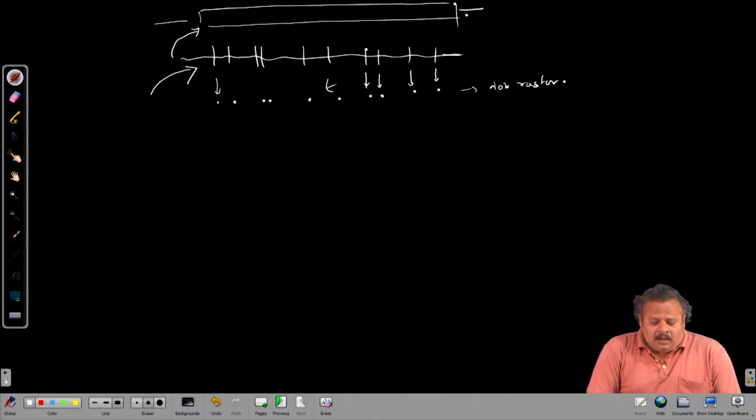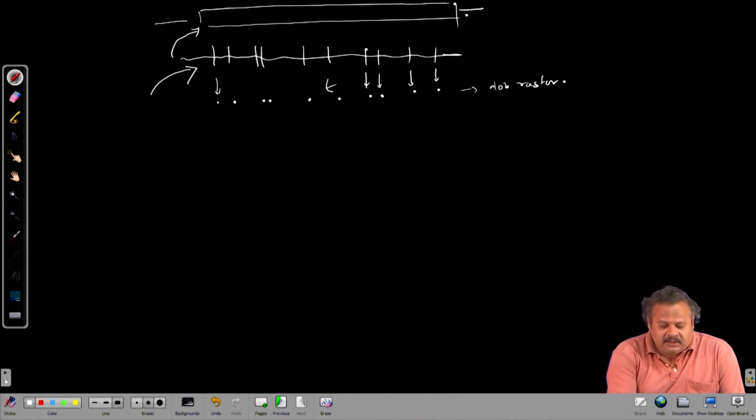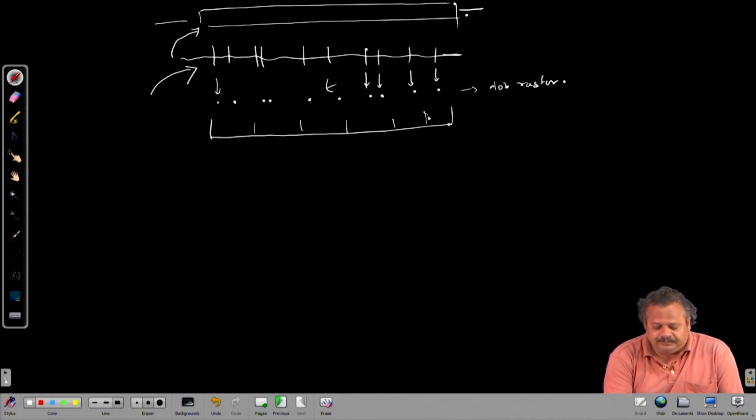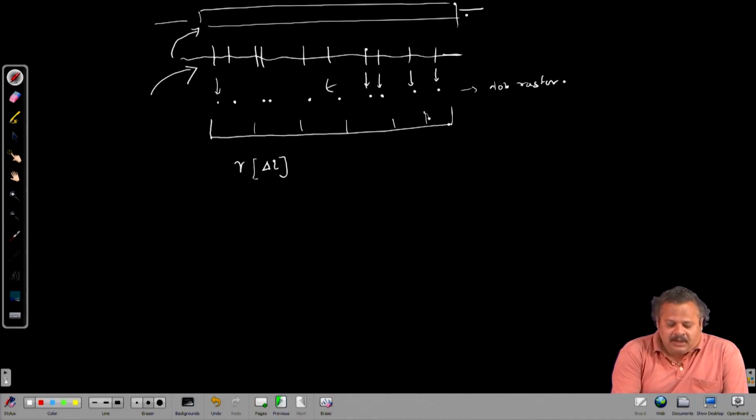Now, we generally consider the response as a function of time, but at different resolutions in time. That is, R as a function of delta and i.